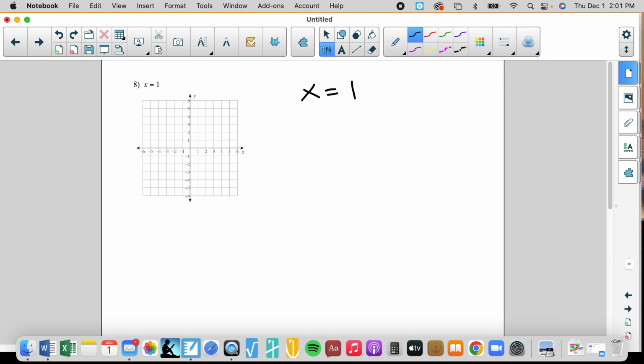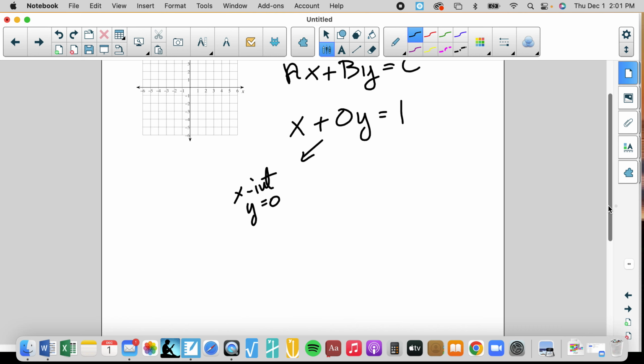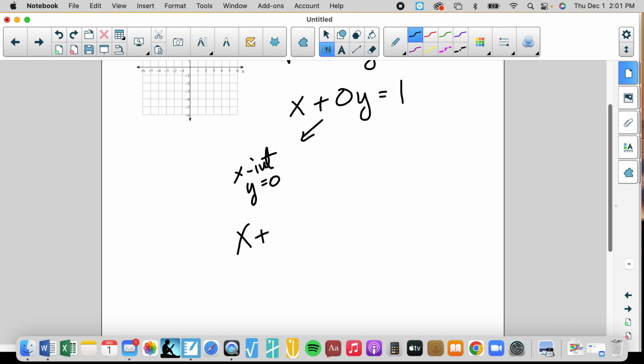And here is our other unique one where we again have one variable. We have the equation x equals 1. Again, writing it as ax plus by equals c, that would be x plus 0y equals 1. And now we separate it. X-intercept, y equals 0. So x plus 0 times 0 equals 1. We get x plus 0 equals 1.